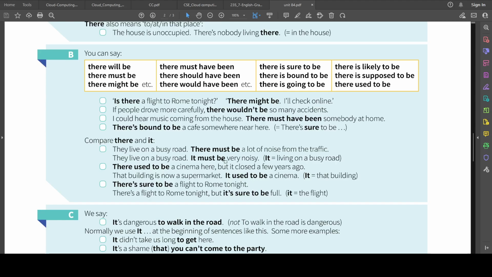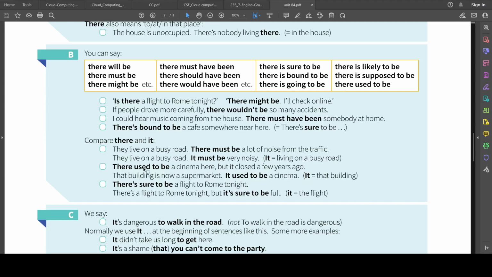We are talking more specifically about the fact that living on the busy road, it's very noisy. Okay, so in that case, it refers to living on a busy road. Okay, let's move on to the next one.